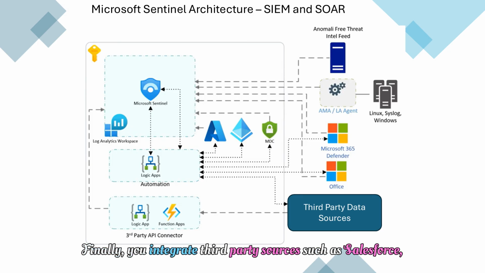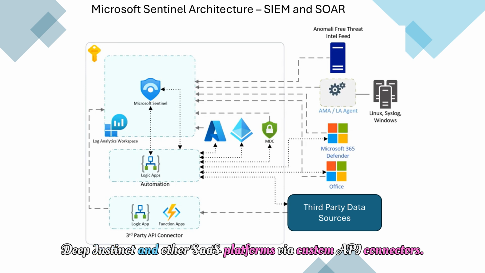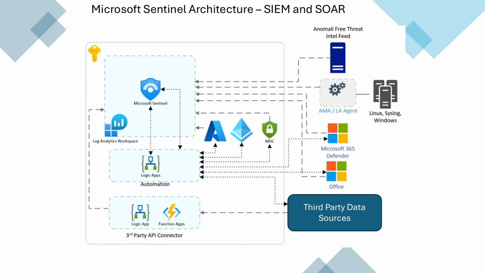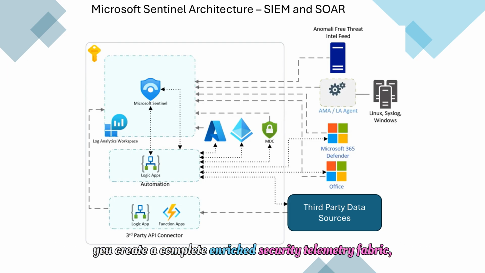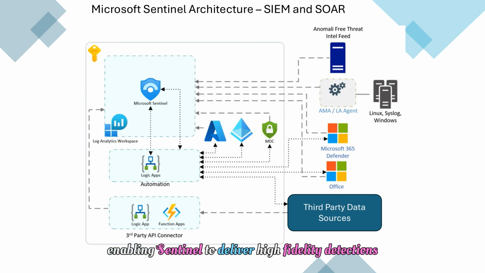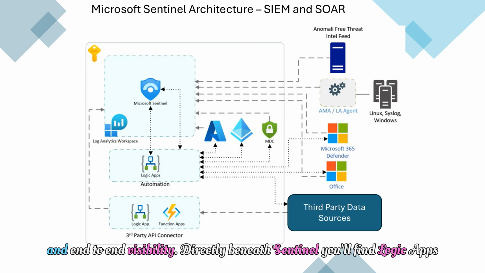Finally, you integrate third-party sources such as Salesforce, Deep Instinct, and other SaaS platforms via custom API connectors. By pulling in signals from across your hybrid and multi-cloud landscape, you create a complete, enriched security telemetry fabric, enabling Sentinel to deliver high-fidelity detections and end-to-end visibility.